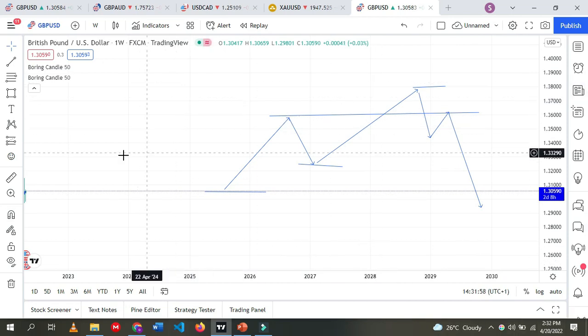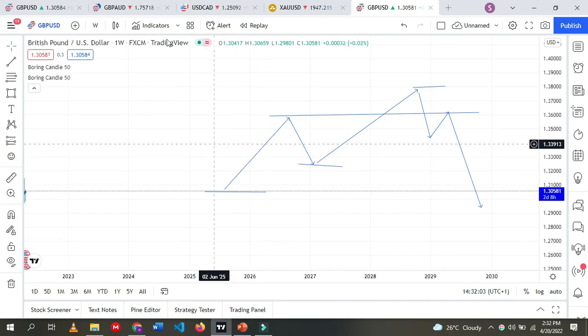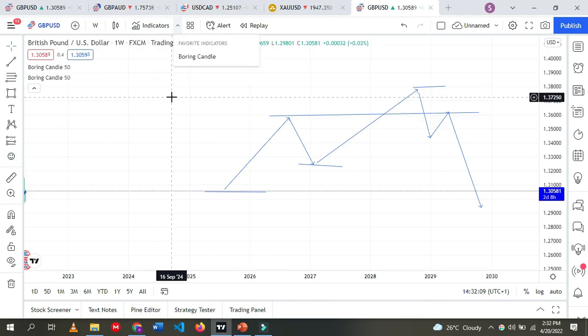So in technical analysis, you see people using different indicators, pivot points, moving averages, Bollinger Bands, and all like that. I don't use most of them because most of them are lagging indicators.